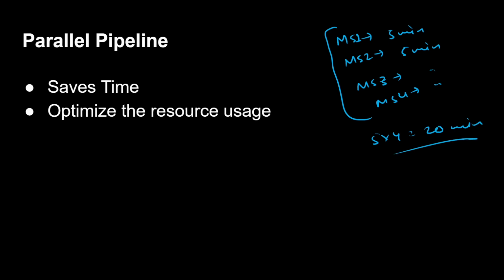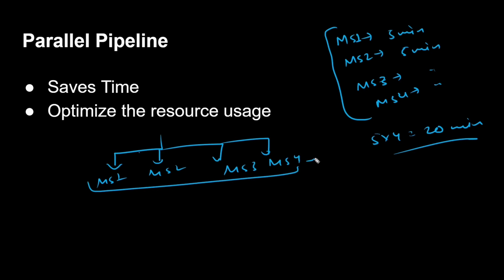But if you decide to run it in parallel mode, which means all these stages are going to run in parallel together, so let's say ms1, ms2, ms3, ms4, then this entire application will be done in 5 minutes or so.